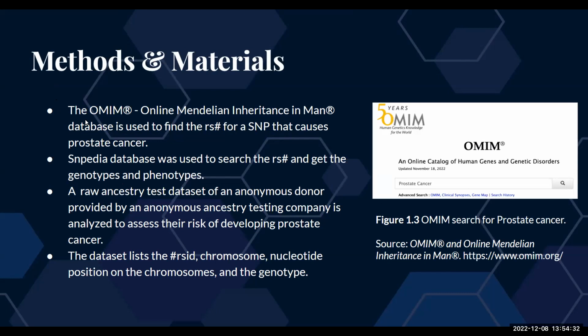We were provided with 2 datasets, and those datasets were listed as RS ID number, chromosome number, nucleotide position on the chromosome, and the genotype. The dataset was of an anonymous donor provided by an unknown ancestry testing company. This dataset was analyzed to assess the risk of developing prostate cancer in the donor based on the genotype. The figure on the right shows the OMIM search of prostate cancer. Now I'll pass it on to Jacob.